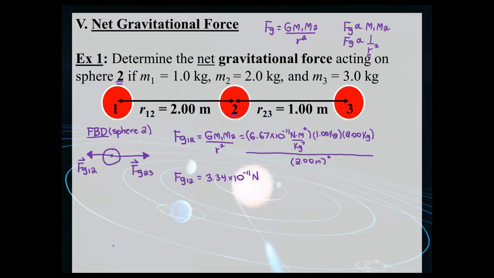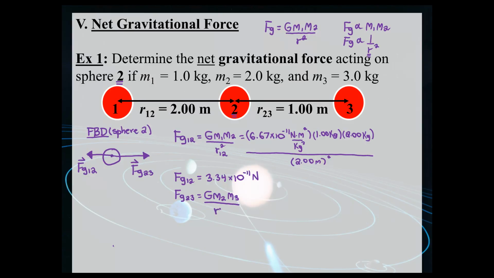One other thing, for the r value, we should clarify what it is the distance between. So I'm just going to add 1, 2 here. So r12 means a distance between 1 and 2. It does not mean r twelve. Let's also calculate Fg23. So Fg23 would be equal to G. Now, we can change the subscripts on the universal gravitation equation to match the masses we're dealing with. So instead of saying m1, m2, let's say m2, m3, because that's the gravitational force I want to find between those two masses.